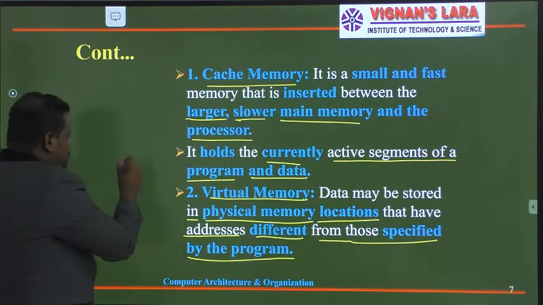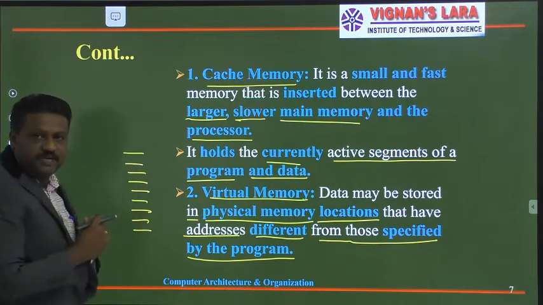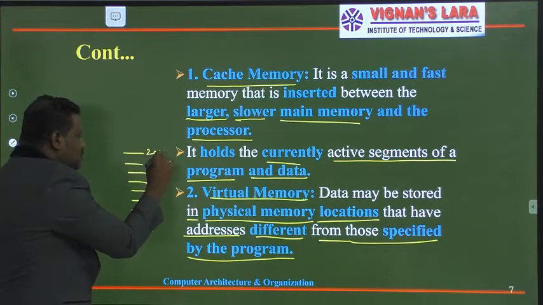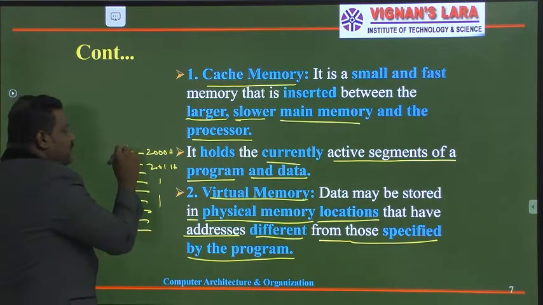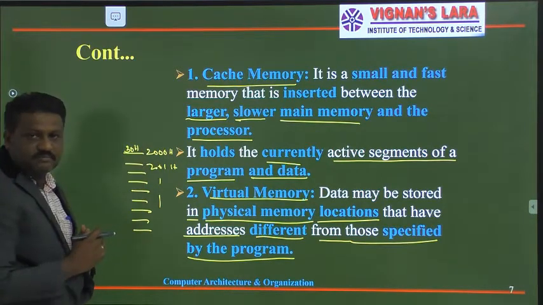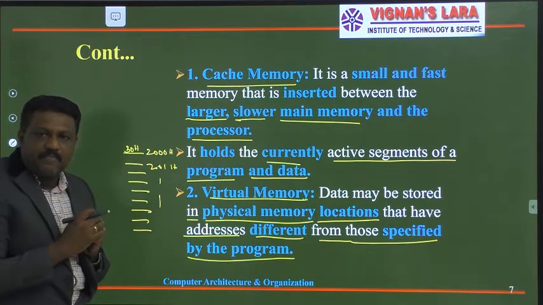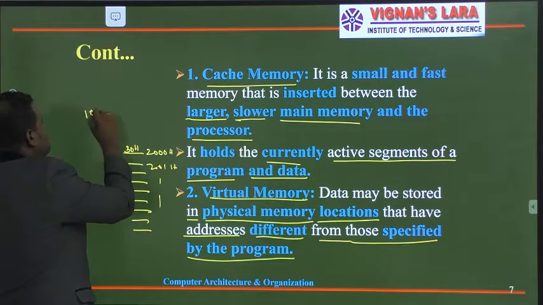For example, these are different memory locations. Physically, I assign addresses for these locations. This is 2000H, this is 2001H, and so on. In this location, I have data 30H. I'm going to use this 30H data in my program. I address this 30H location with an address, say, 1000H.